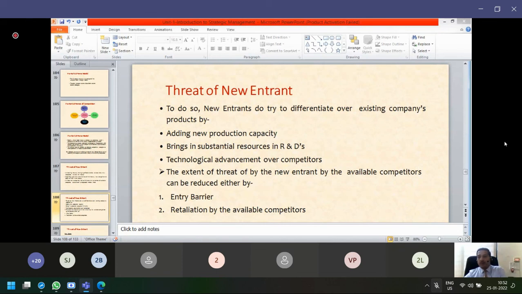Those barriers or restrictions can be of two types that we'll have to understand in detail. Those two barriers may be either entry barrier, or secondly, retaliation by the available competitors. So these two kinds of barriers, entry barrier and retaliation by the available competitors, we also need to discuss in all the details.